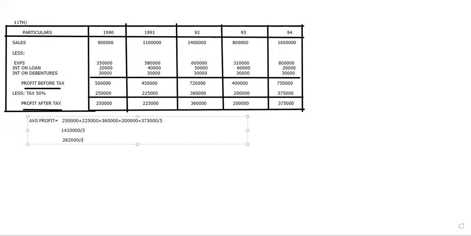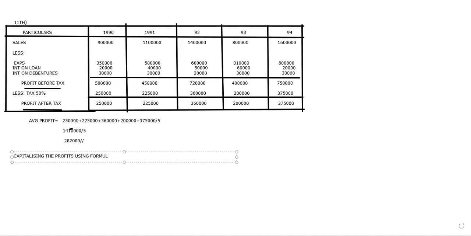Now we got the average profit. Now we have to apply it in the formula, that is, capitalizing the profits using the formula. What is the formula of capitalizing?